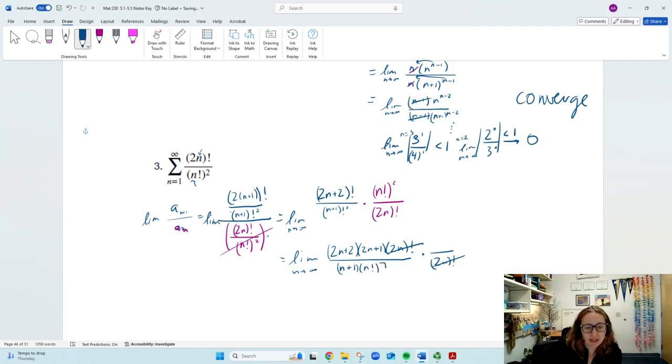And both of these terms are actually being squared, which, if I had like a 3 times a 4 squared, that's the same thing as if I had a 3 squared times a 4 squared. So over here I can rewrite that denominator part as n plus 1 squared over n factorial squared, and then now I should be able to cancel some things out.